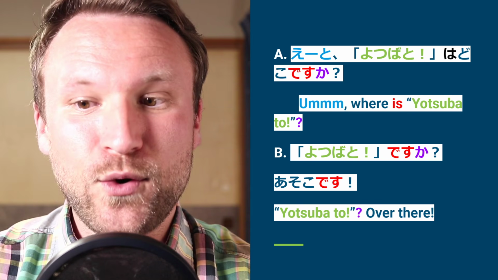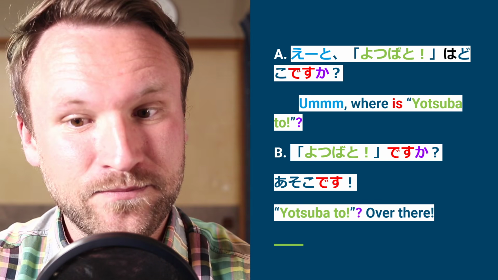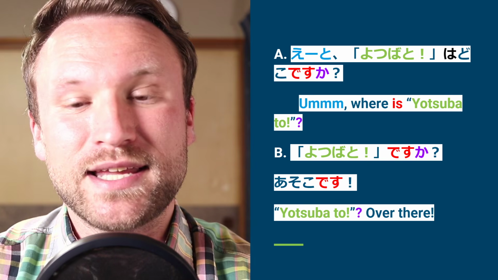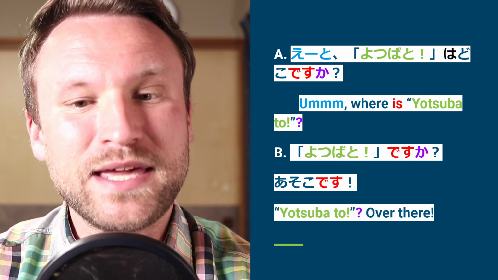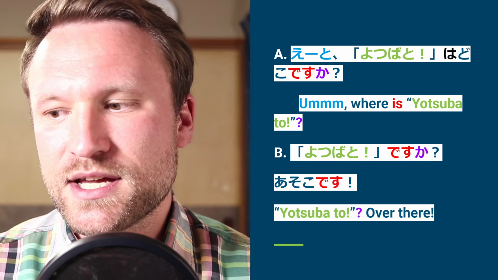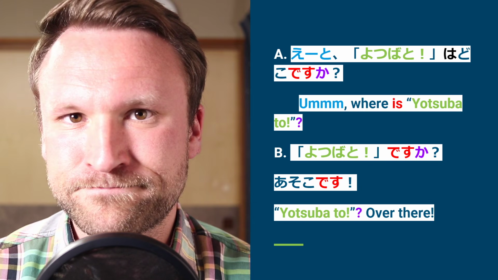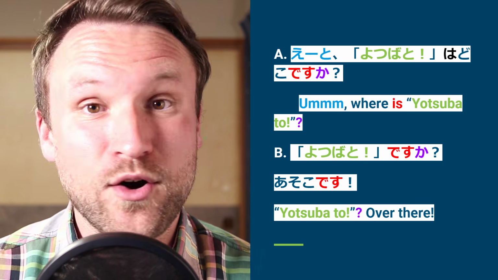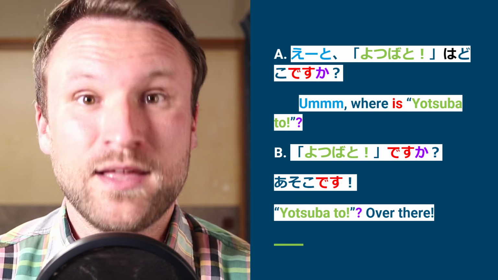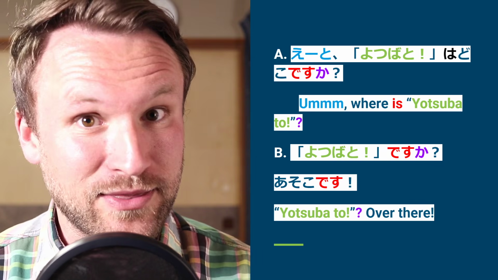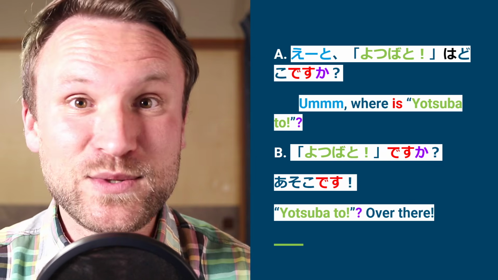四つ葉とはどこですか? Is an interjection, I think. It means the same thing as the English. Japanese people will use this all the time, just like we use it in English. So you should learn to say it when you're speaking Japanese because it makes you sound super natural.